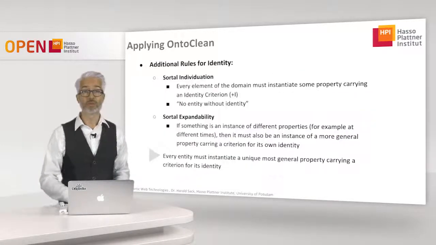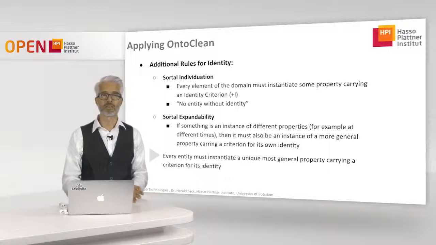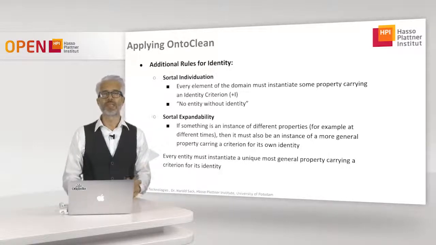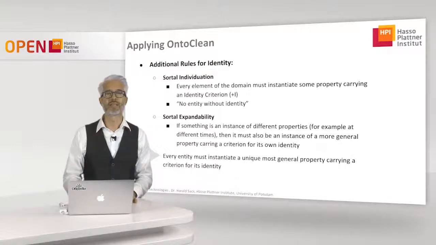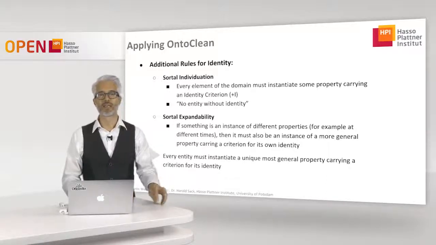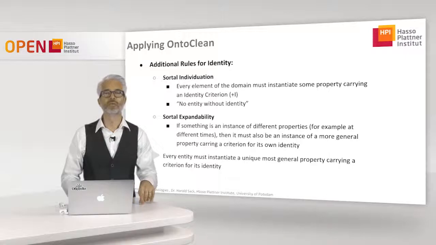There are two additional rules to be considered in OntoClean, but they are minor rules, additional rules for identity. They are sortal individuation and the so-called sortal expandability. What do they say? I will only briefly mention this. Every element of the domain must instantiate some property carrying an identity criterion. So this subsumes somehow the rule no entity without identity. Every entity must be identified somehow. And sortal expandability means if something is an instance of different properties, for example at different times, then it must also be an instance of a more general property carrying a criterion for its own identity.